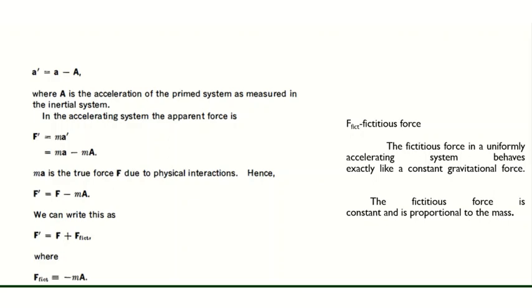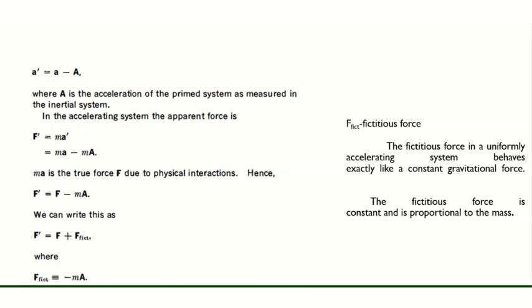So ma is the true force F, which is due to physical interactions. So f dash is equal to F minus mA, and we can write it as f dash is equal to F plus f fict, where f fict is the fictitious force.